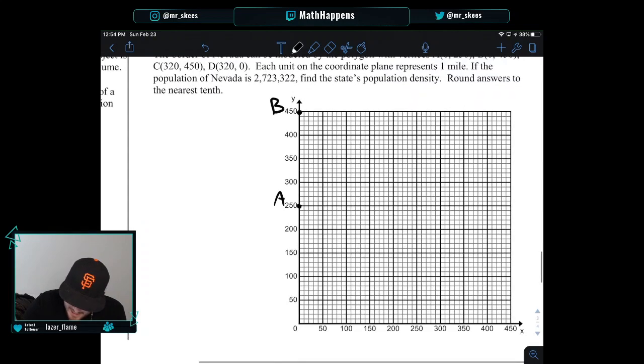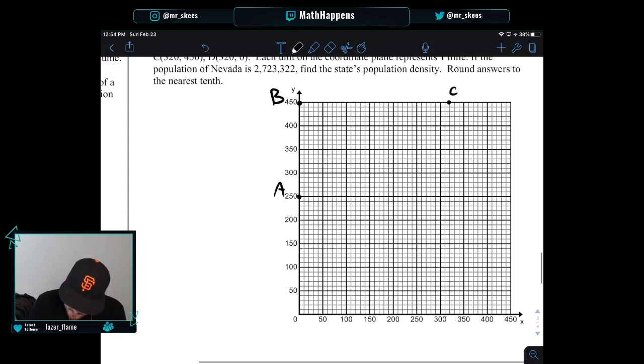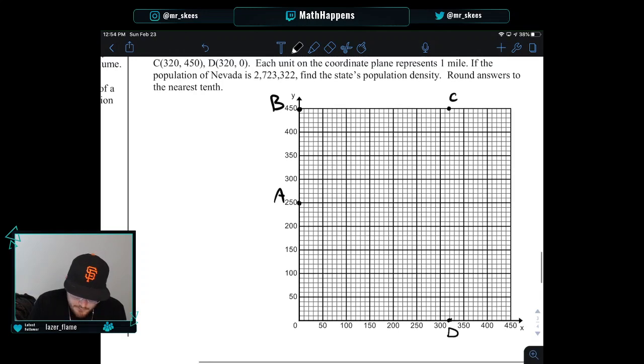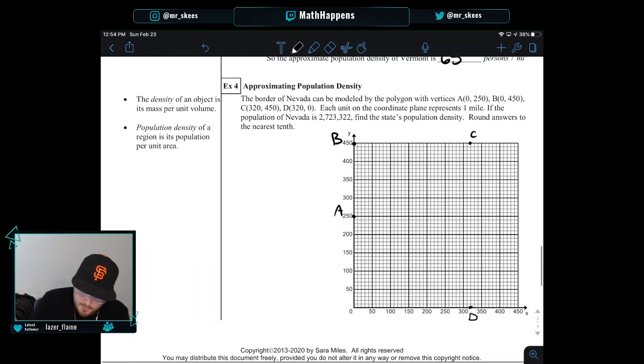These are each 10. So 10, 20. There's 320. C, (320, 0), all the way down here. And then that's it. That's what Nevada looks like. That's pretty accurate. So let's draw our lovely state.